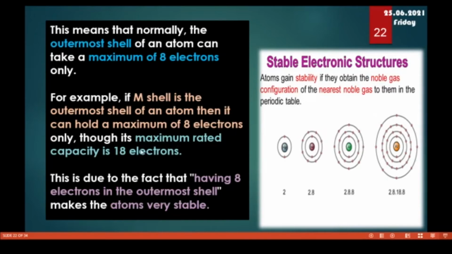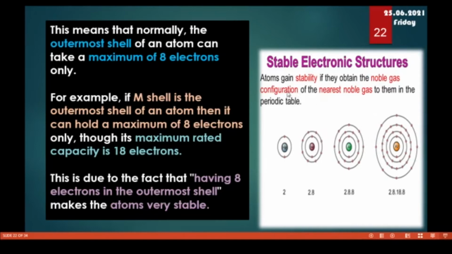I already told you it has the capacity for 18 electrons, but it can hold a maximum of 8 electrons only, because having 8 electrons in the outermost shell makes the atom very stable.